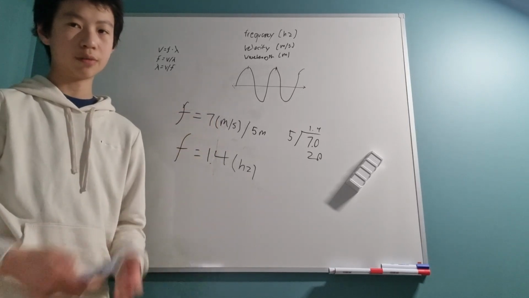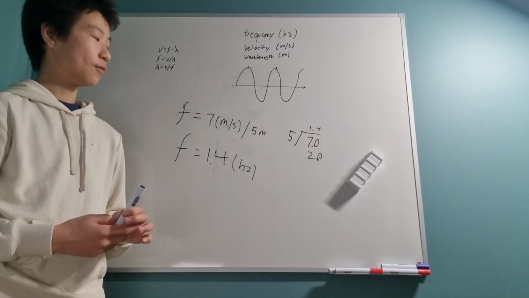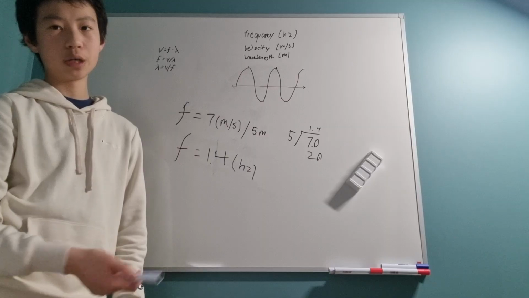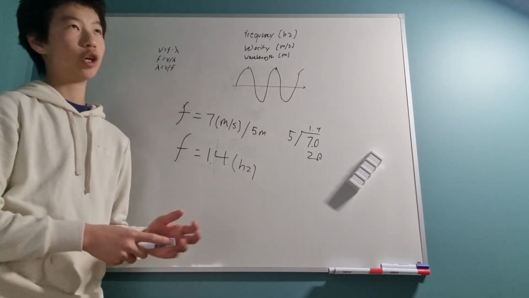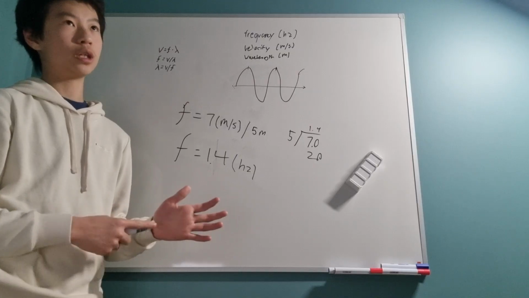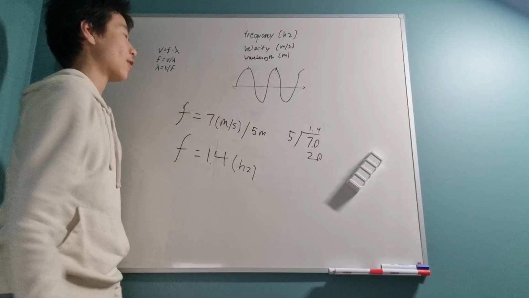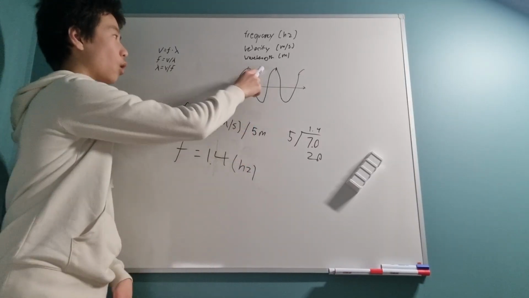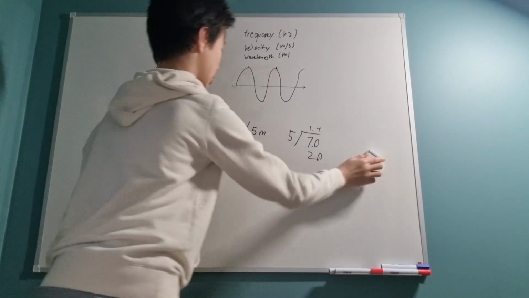And because the frequency is how many cycles happen in a second, if you divide it by the actual length of the wave, you get the number of full cycles. So let's say this was actually 5 meters. If you divide it by 5, then you get 1 for 1 cycle, right? Then that works.